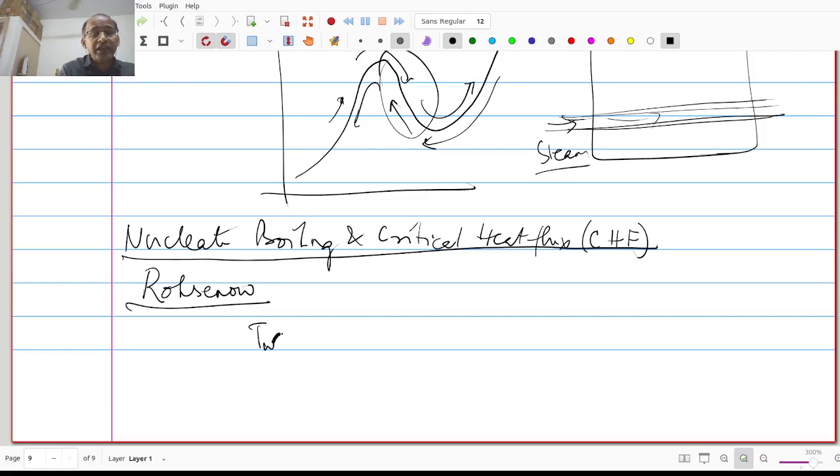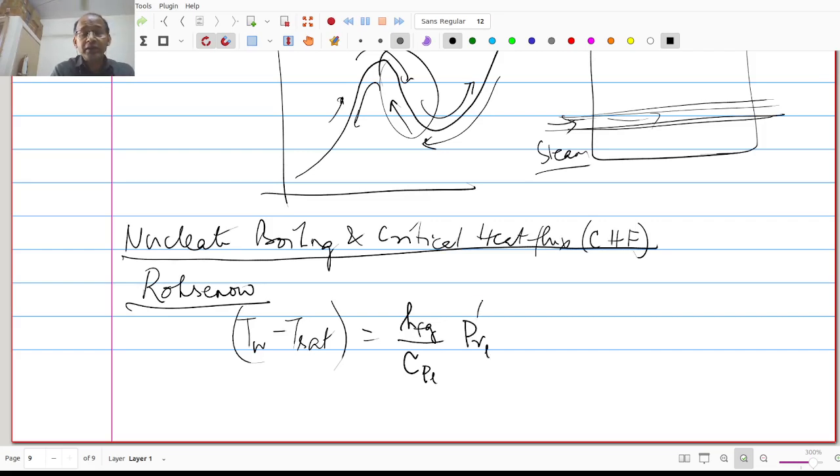So T-wall minus T-sat is equal to h_fg, which is basically latent heat of vaporization, divided by Cp of the liquid, multiplied by liquid Prandtl number raised to the power of s.